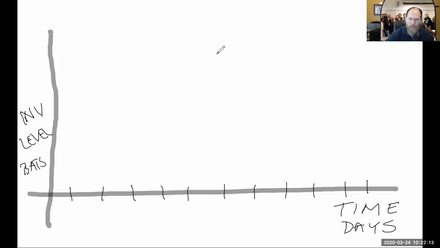Okay, so now we're going to tie all this stuff together. I'm going to show you how it ties together. So we're going to start our inventory level at EOQ. And for our example here today, that was 141.